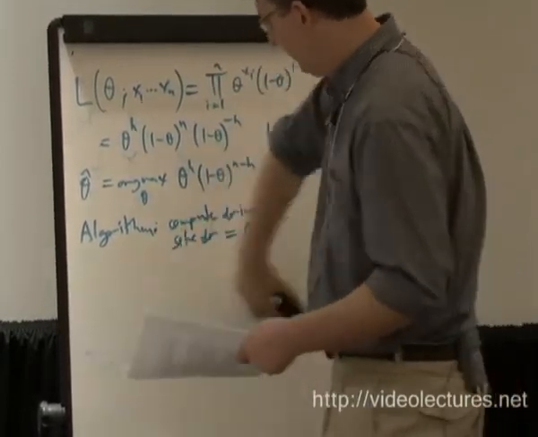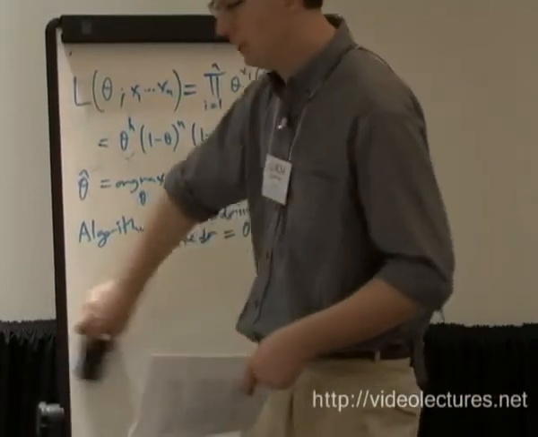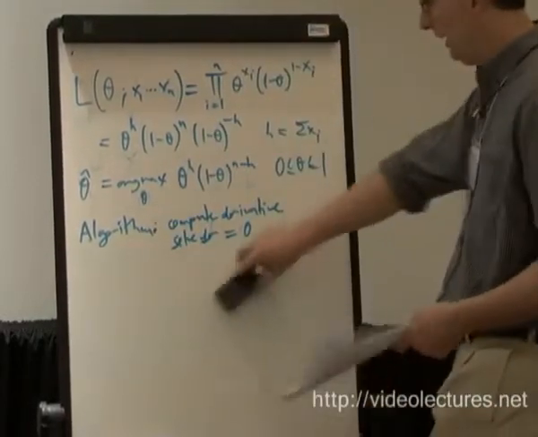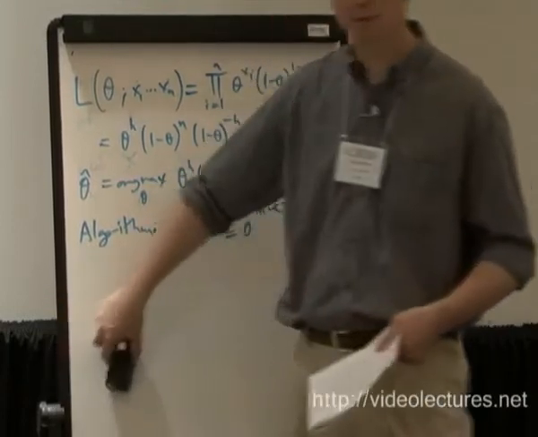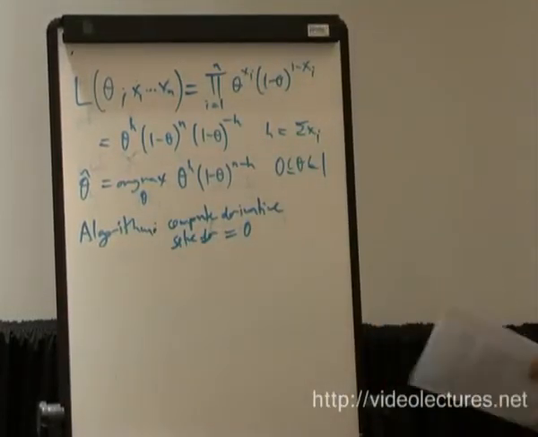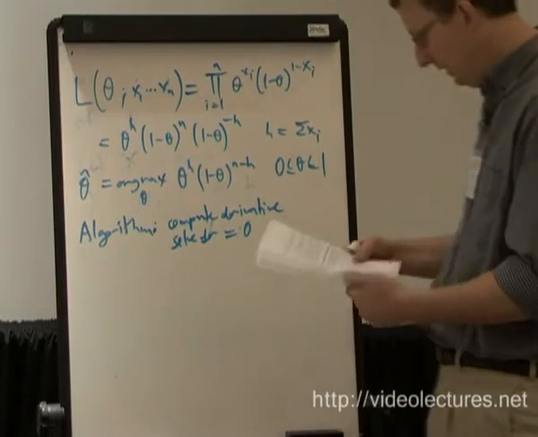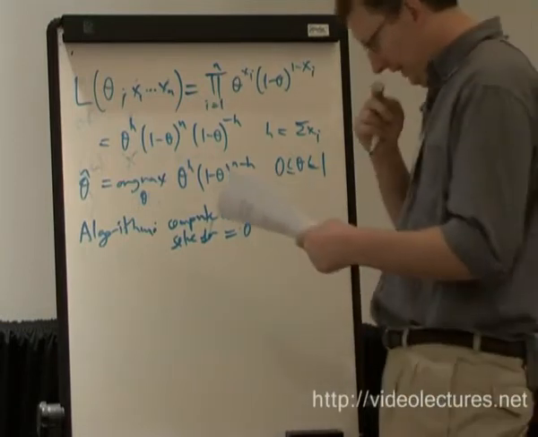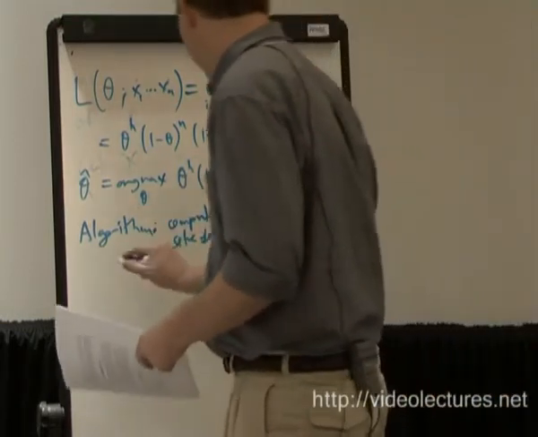Pretty much all the calculations I'm doing here with this Bernoulli example, I'm going to do them again in more generality for log linear models and conditional random fields. So what's the derivative?